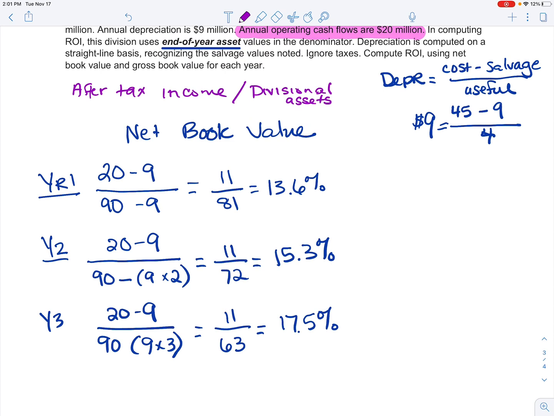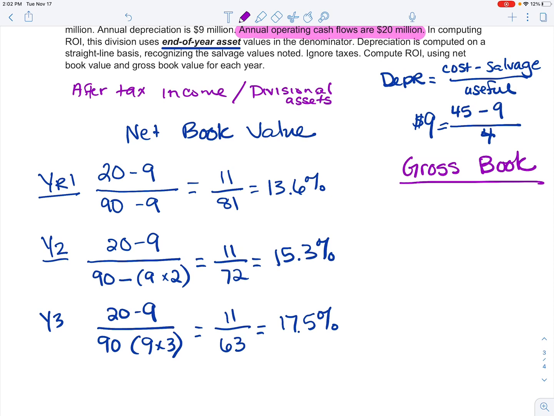Now let's take a look at what our gross book value looks like. Remember the difference here between net book value, it takes into account that depreciation. Gross book value is just taking this equation as is, and that's it.